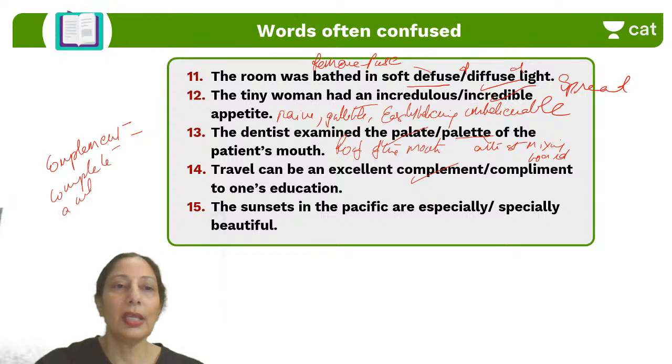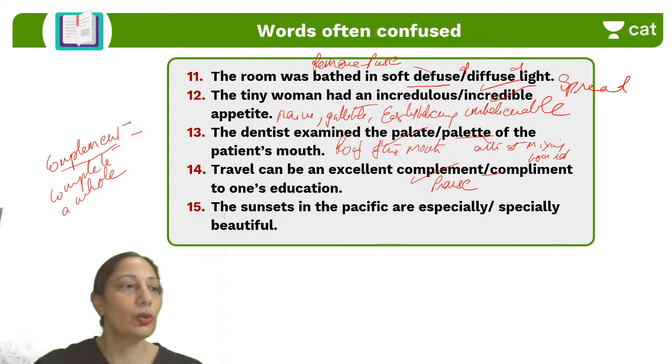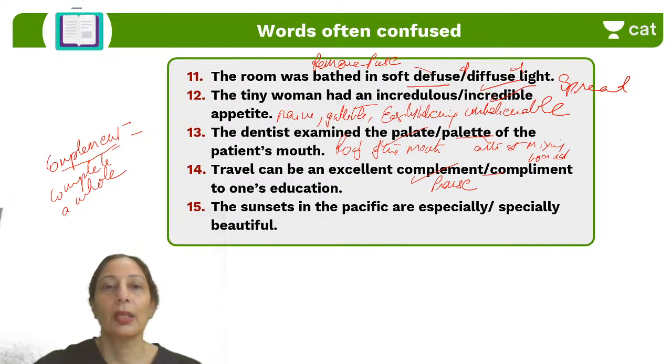So if I say that the scarf she wore complemented her dress, that means it added to her look. That's how you use complement, while compliment with an I means to praise somebody. She tried to compliment me means to praise. Correct?